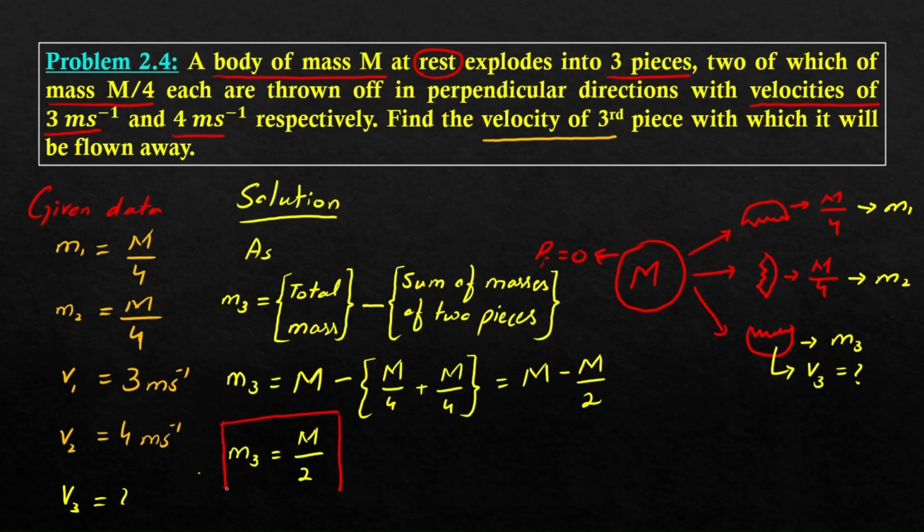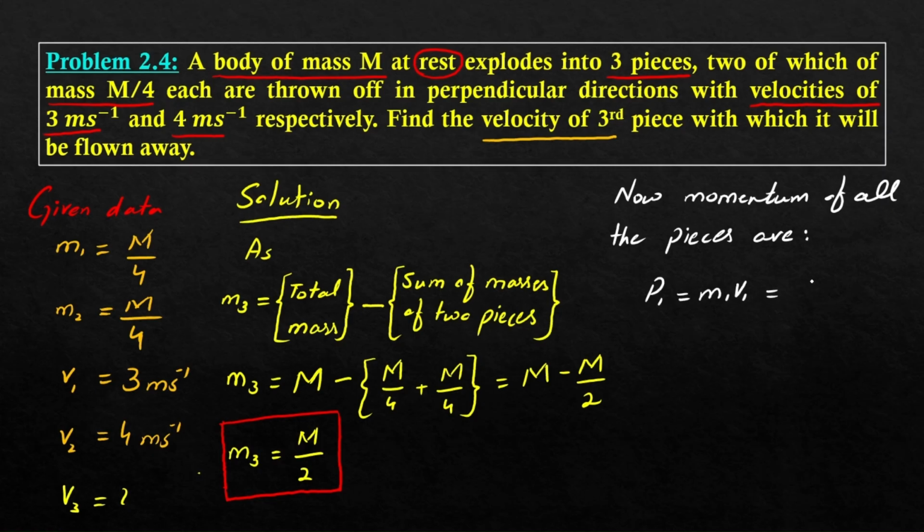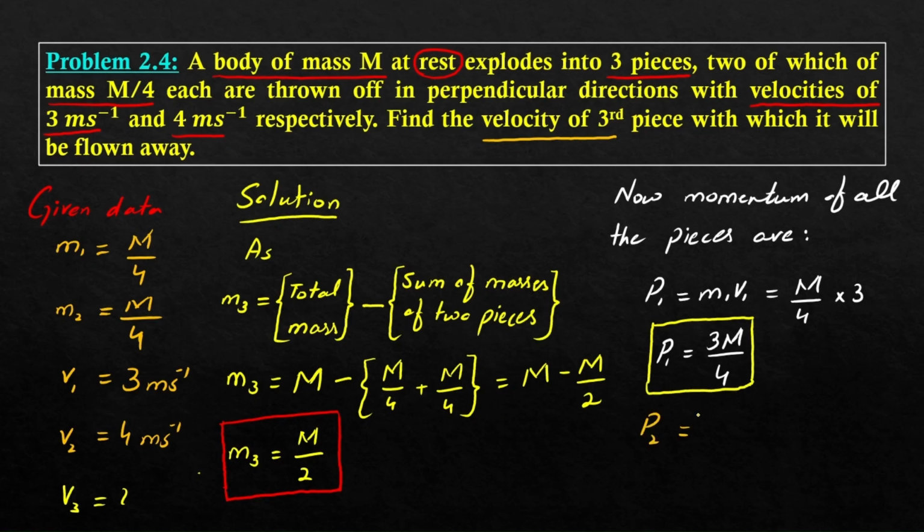Now we find the momentum of the two pieces whose masses are given. So P1 is equal to m1 v1. Putting the value of m1 in place of m1 and the value of v1 in place of v1, P1 is equal to 3m over 4.